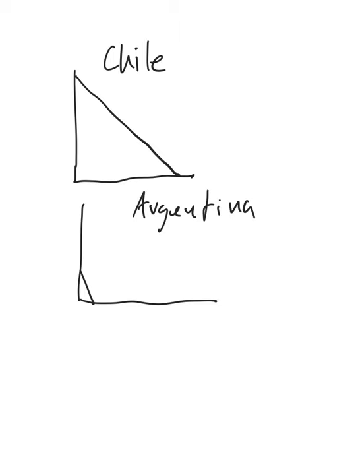So Chile can have what's called the absolute advantage in the sense that it can produce more of both goods than Argentina can. Okay?